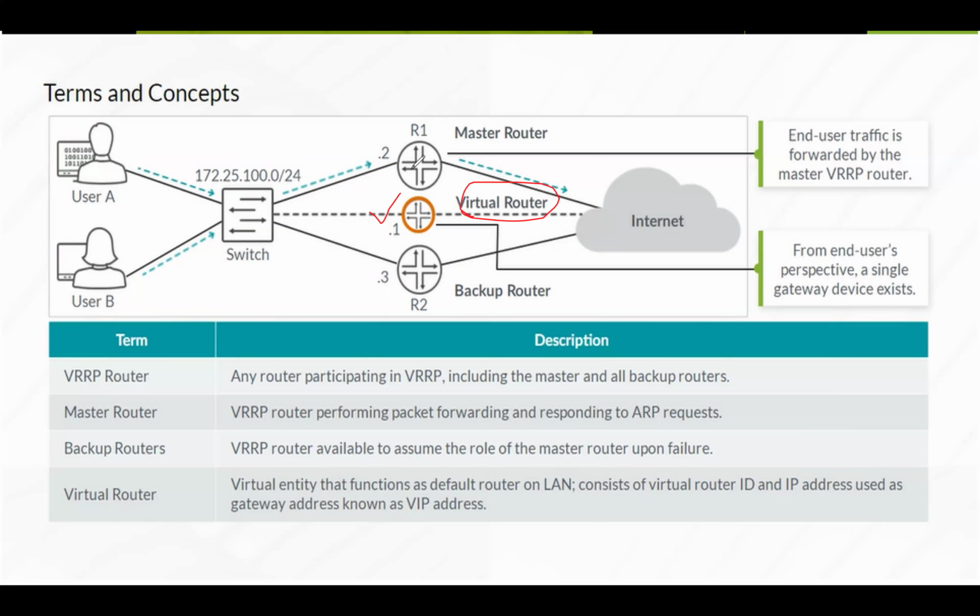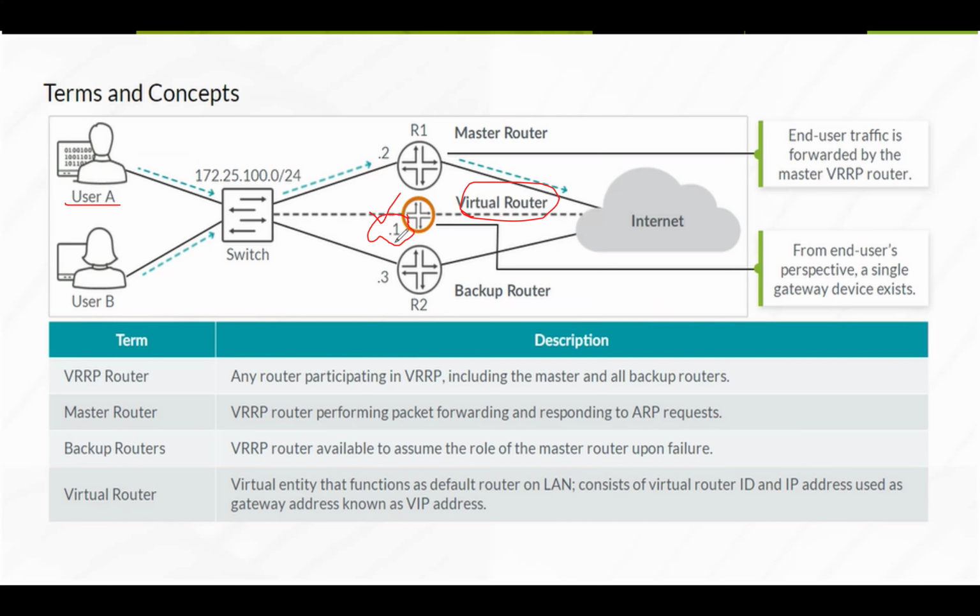When we configure VRRP between router 1 and router 2, in these two routers we will get another virtual router. This user will use the virtual router gateway IP address.